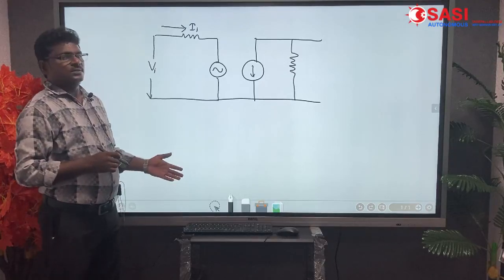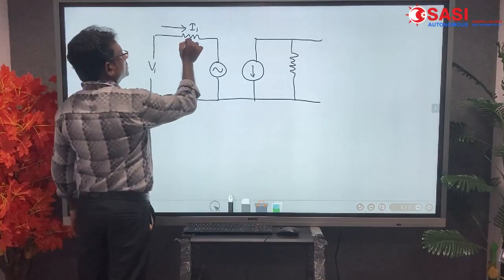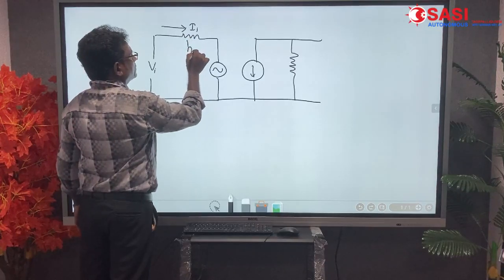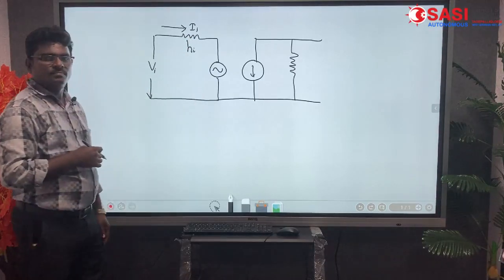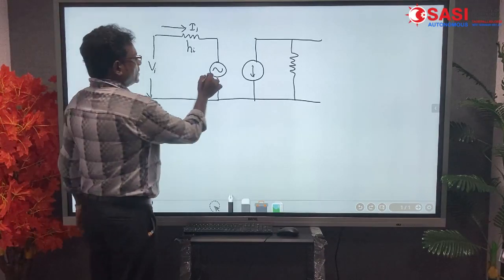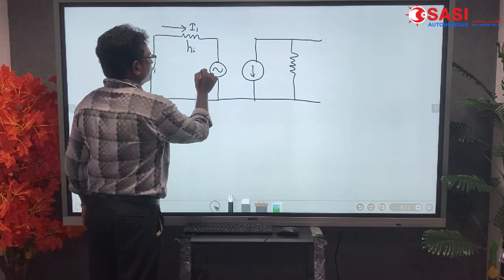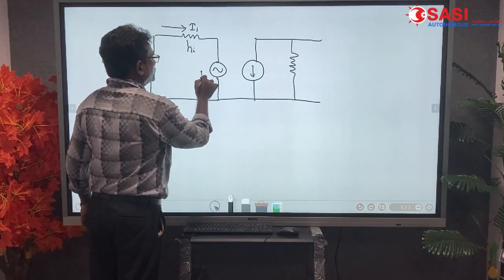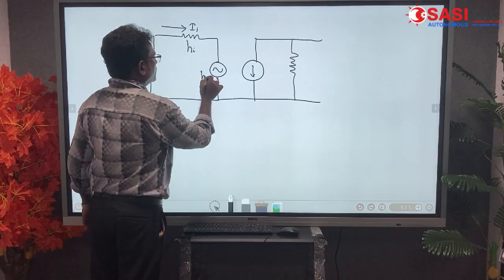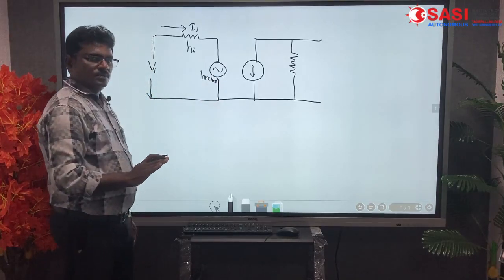In the previous case I wrote RI, now I have written HI. Here the voltage source is defined as HRE VCE. I will explain why these are named like this.